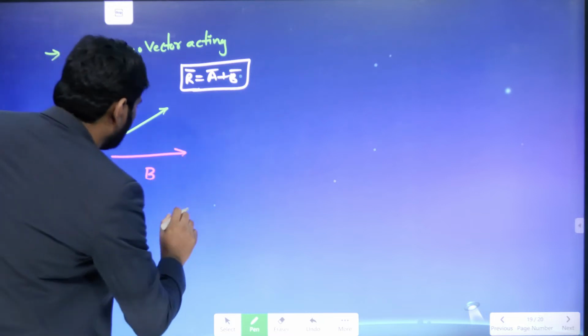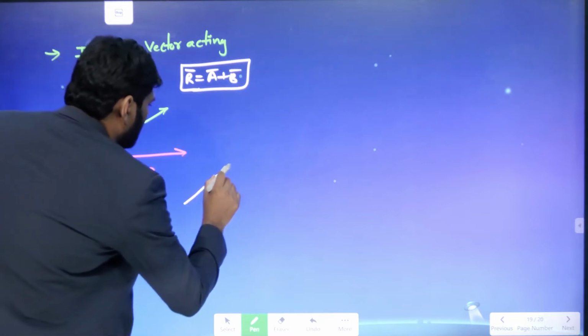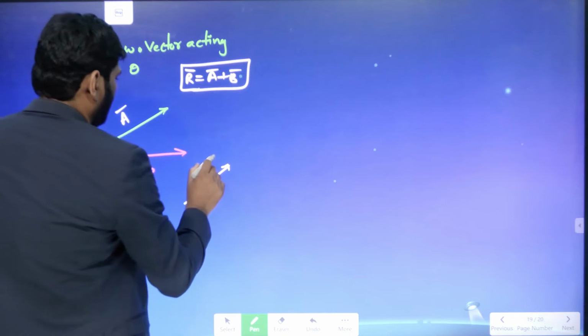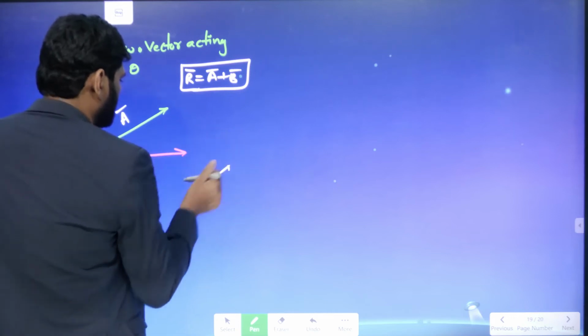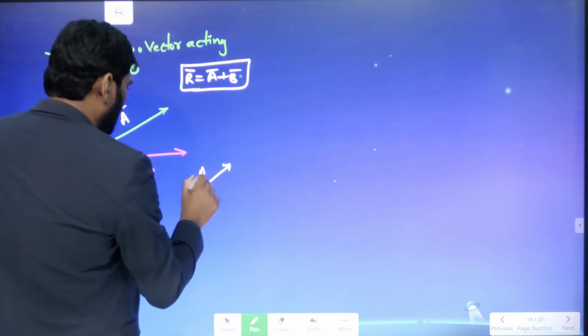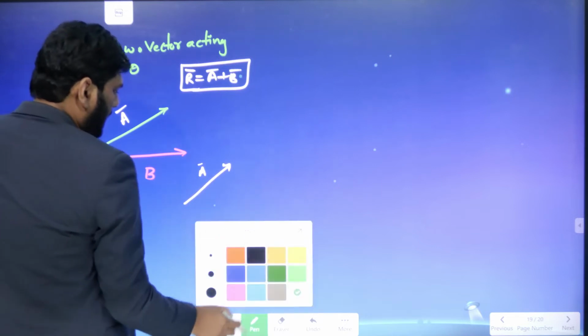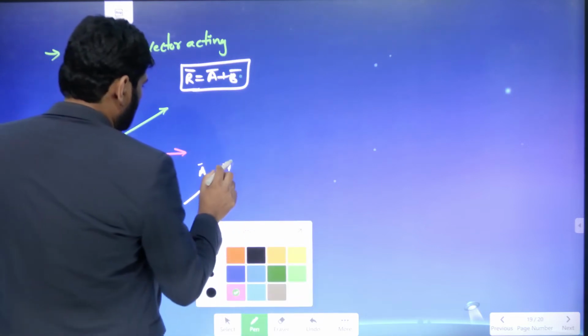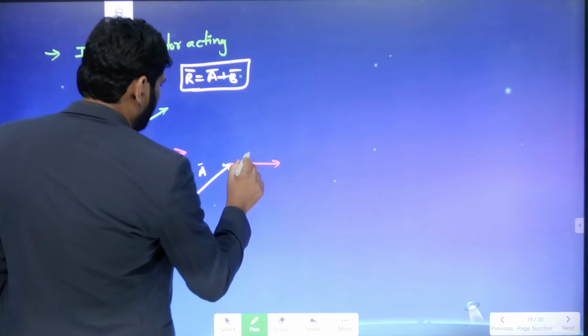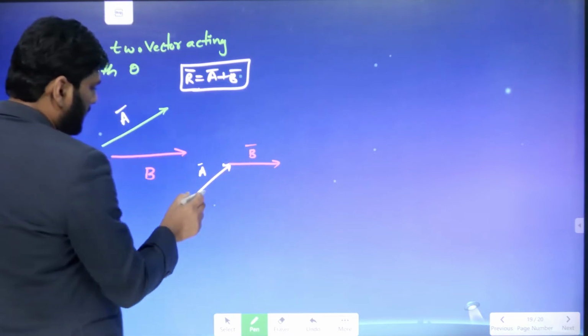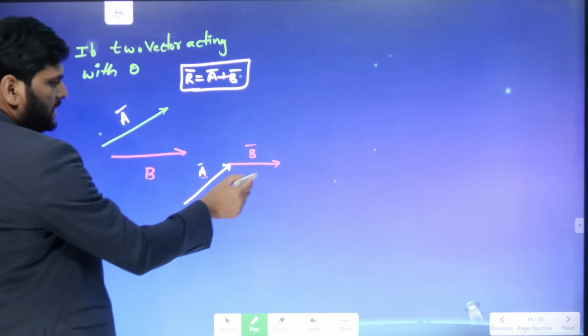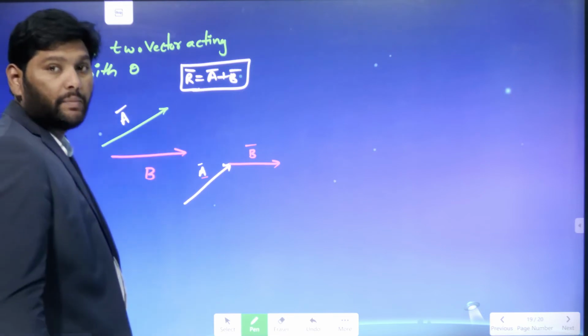Here I am taking it without changing. This is vector A. I am not changing the direction. And this is vector B. I am not changing the vector A direction, and I am not changing the vector B direction.